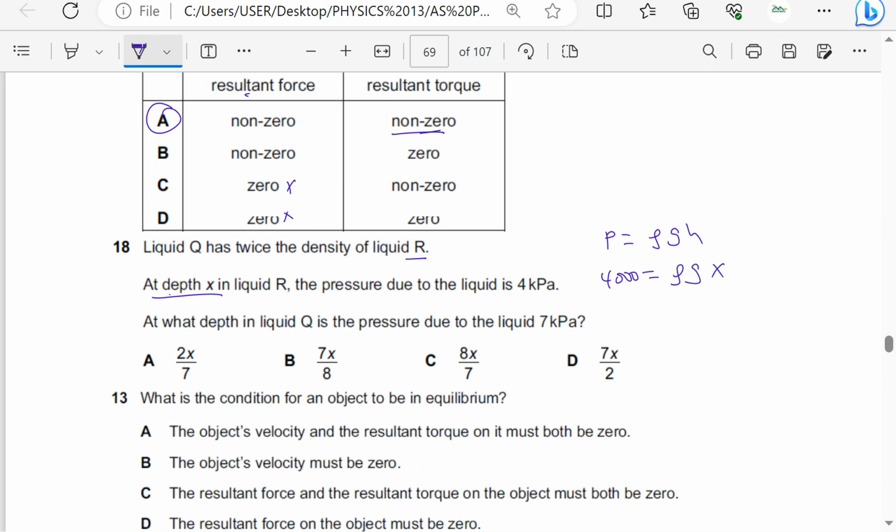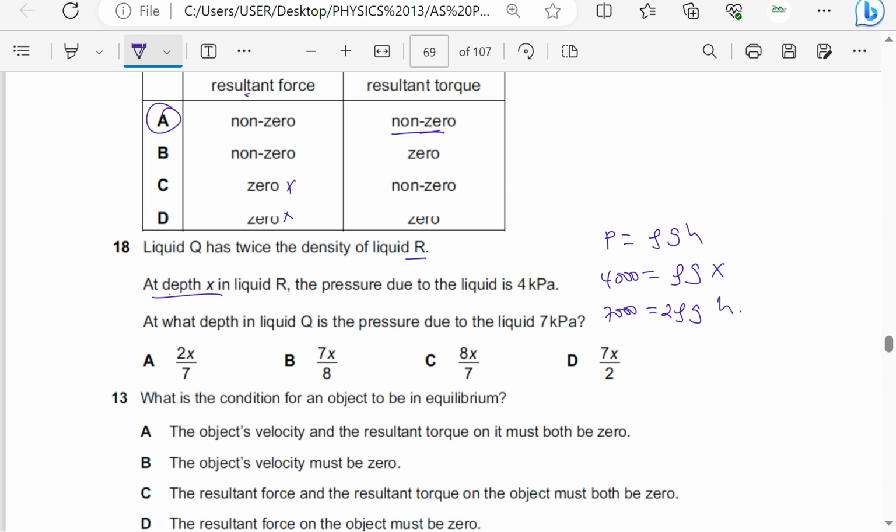That is for depth x in liquid R. Then liquid Q: the pressure is 7,000. Since the density of liquid Q is twice, it will be twice rho times g. And let the depth be h.